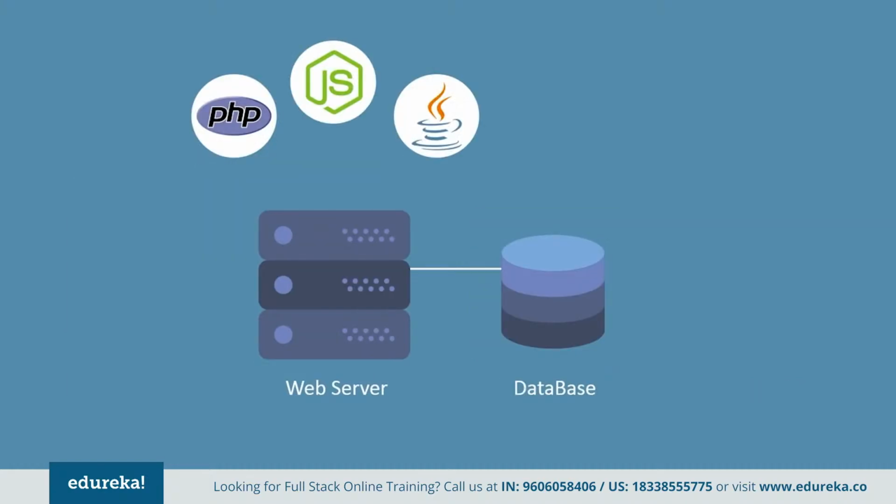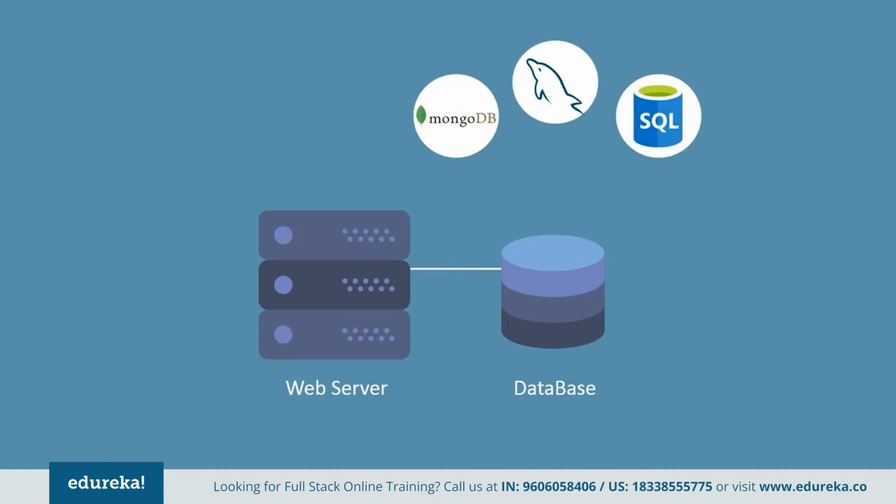Now this application is programmed using server-side languages like Java, Python, PHP, Node.js, and the database is also programmed using languages such as MySQL, MongoDB and SQL. So guys, basically the back end of a web page is used to serve the required resources to a user.